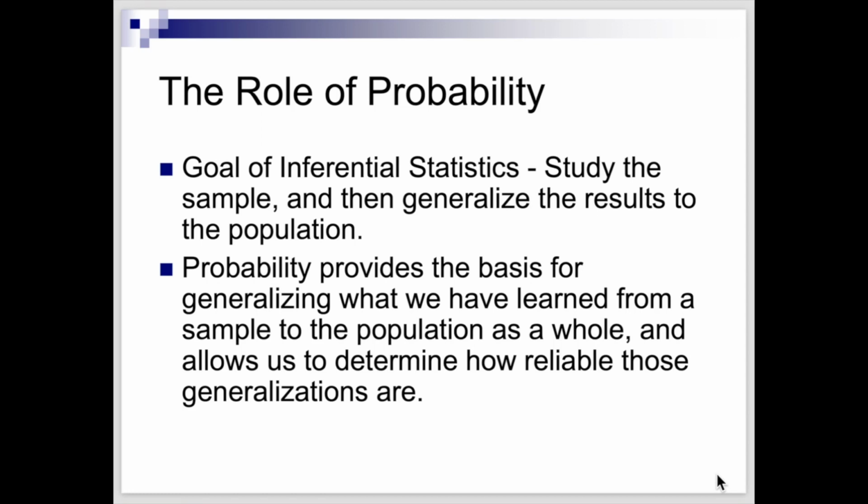So probability is what provides validity to this process of induction, this process of generalizing to a population what we've learned from the specific data that exists in a sample.